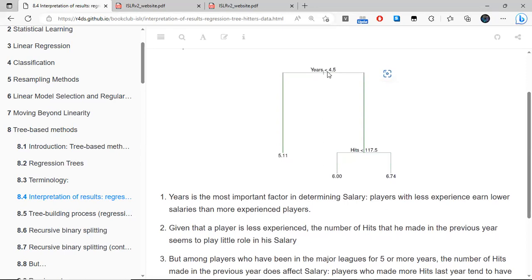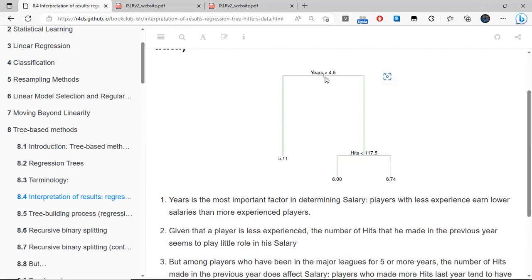So for observations that have years smaller than 4.5, the predicted value would be this. And now going to the other node, the other region, if now the years is equal or greater than 4.5, then we have another split.